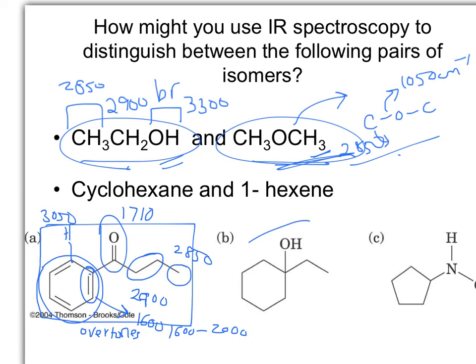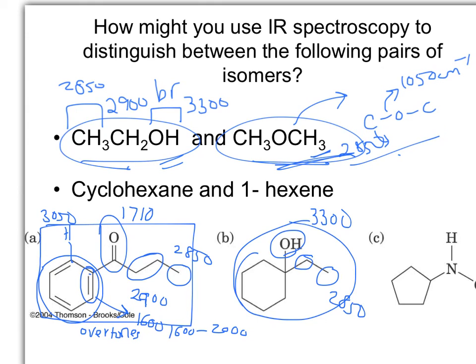Let's take a look at the second one. You have a free OH, so that should show up at 3300. You have a free methyl, that should show up at 2850. The CH2s, all of these, are going to show up at 2900. The C single bond O should be at 1050.